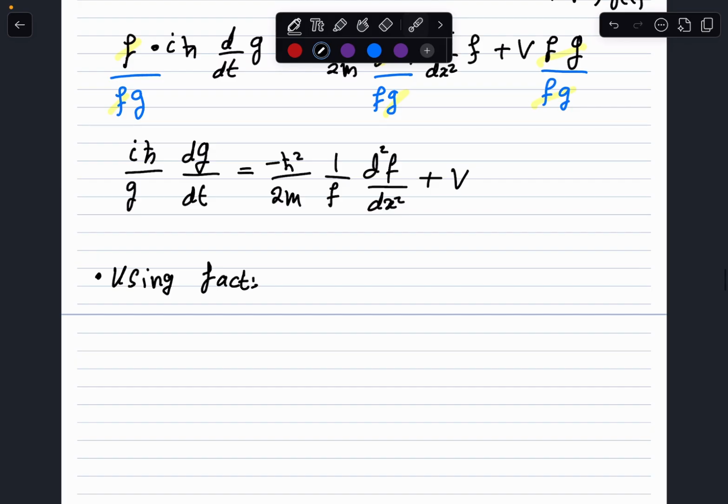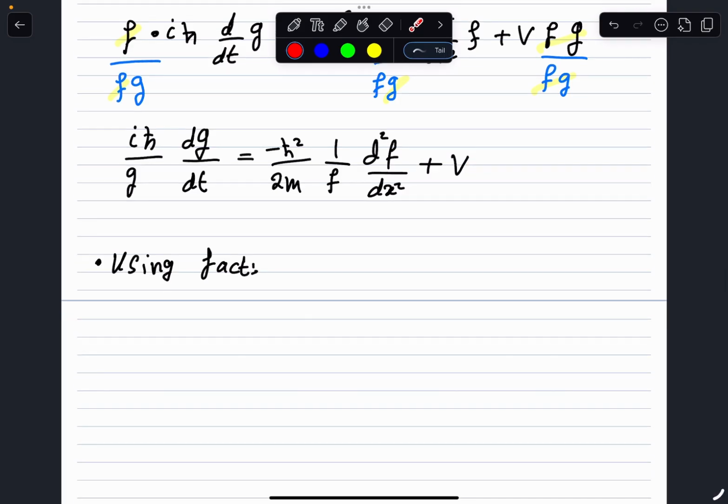Let me just recall something: the right-hand side depends totally on x because the potential depends only on x. This would be the complication if we assumed v depends also on t. If we have a potential that depends on x and t, the problem becomes a little bit harder. That's why we first assume that the potential is only a function of x.